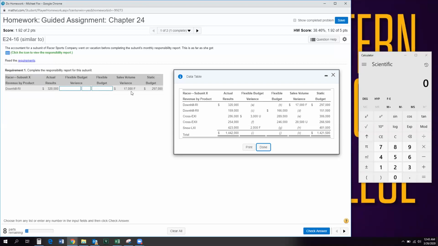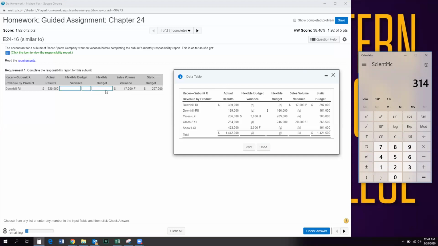So what they're asking us to do is figure out how each of these work. Here we know our static budget is 297,000, and that there was a favorable variance to sales volume of 17,000, which means the flexible budget must be 17,000 higher than the static budget. So I'll just take 297,000 plus 17,000.